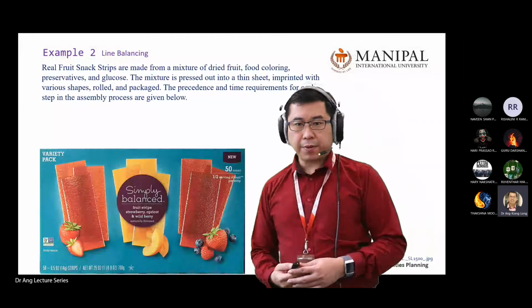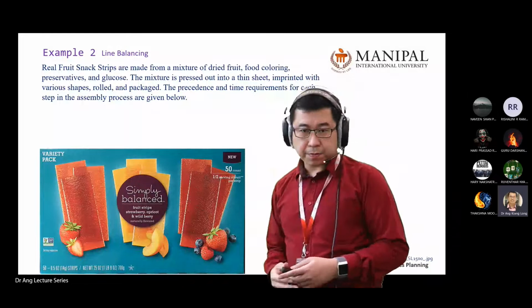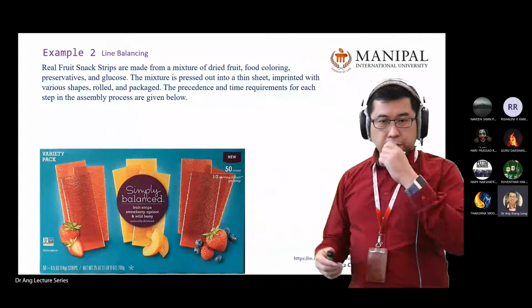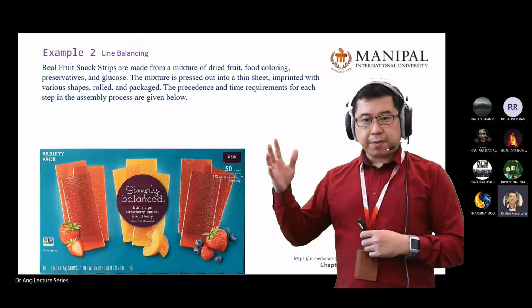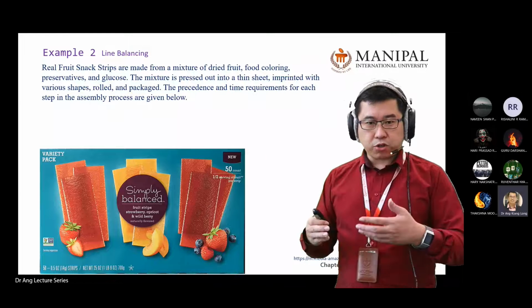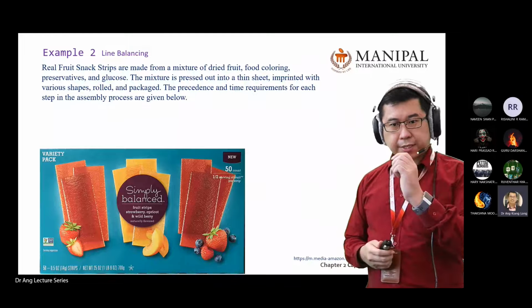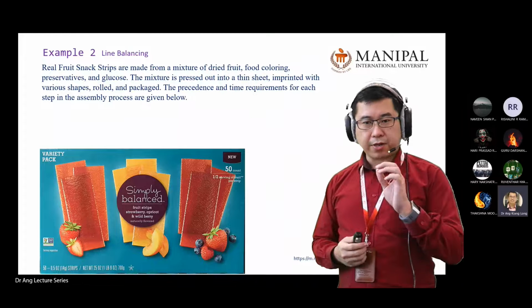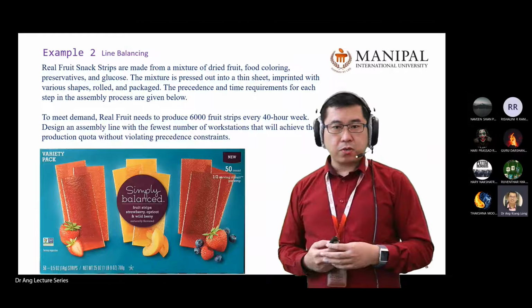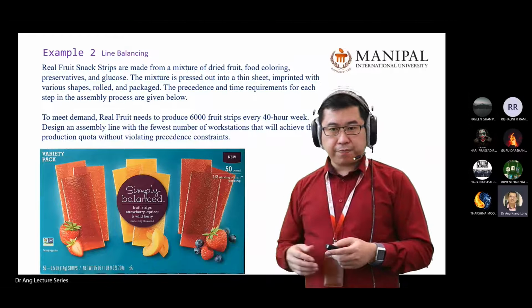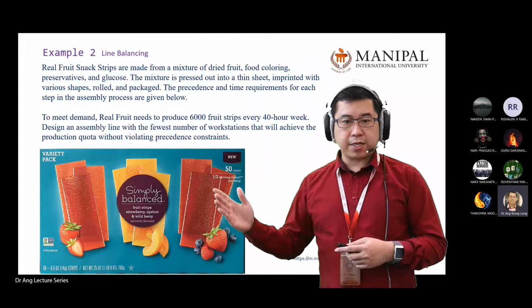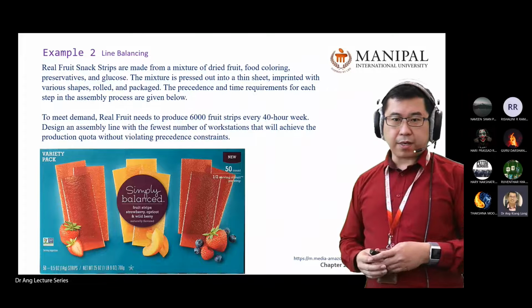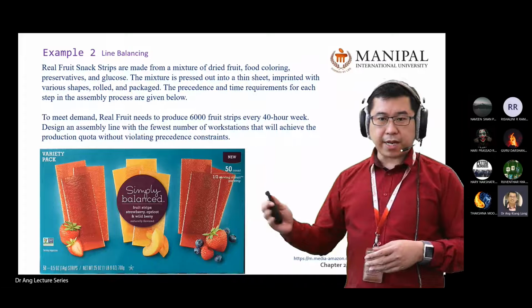Okay, now previously we had this example. We will go back to this example again and again, because in the previous lecture, I think I rushed through, so some parts I didn't really touch very deeply. We have a factory producing this snack here.